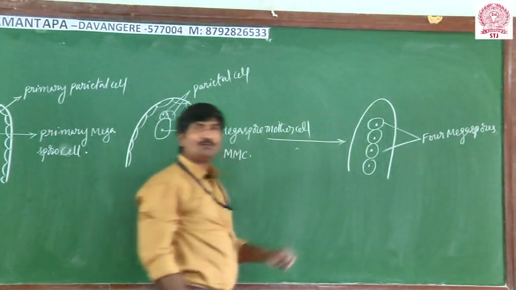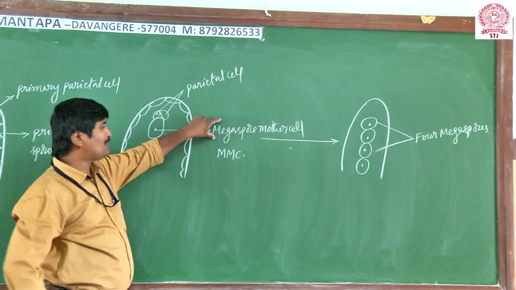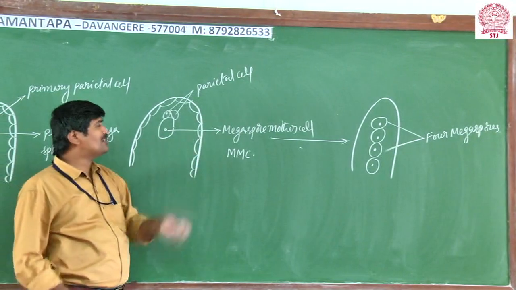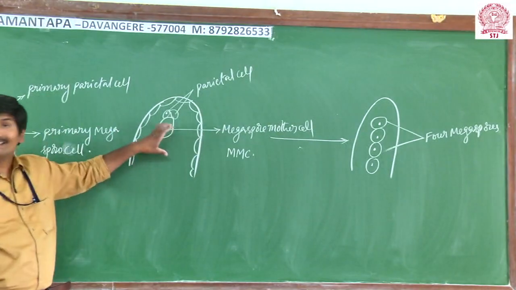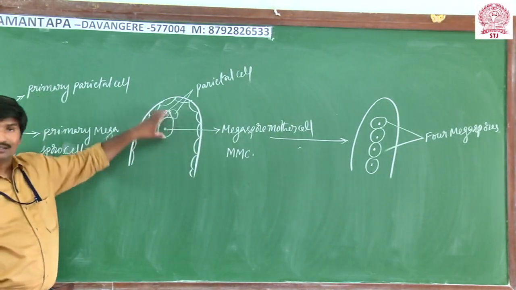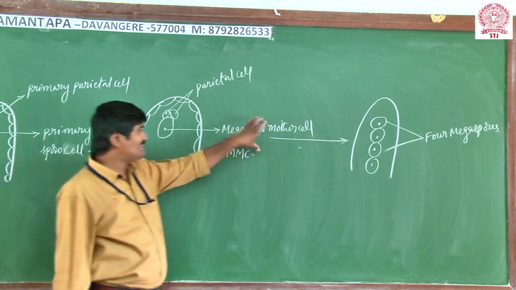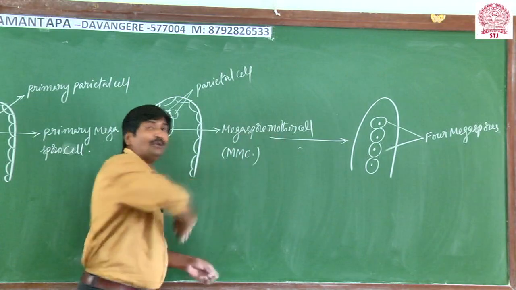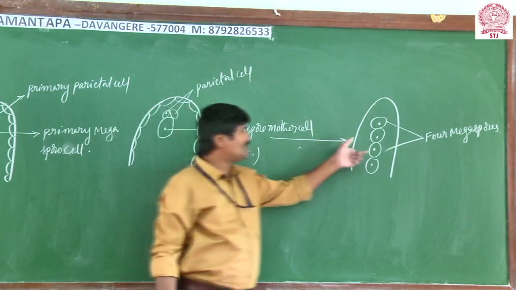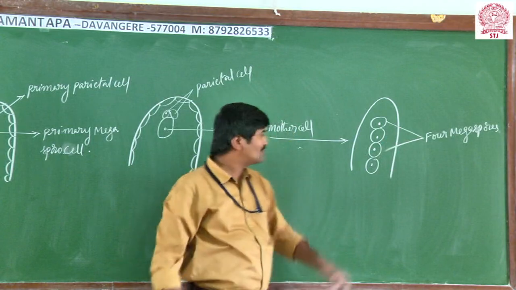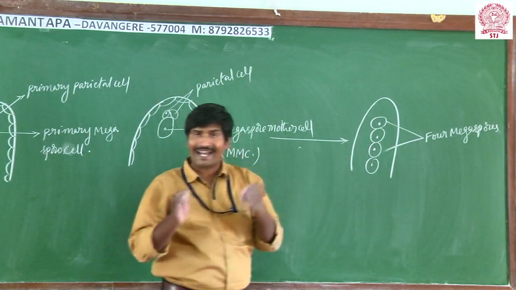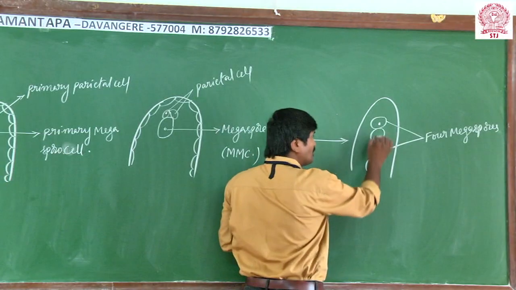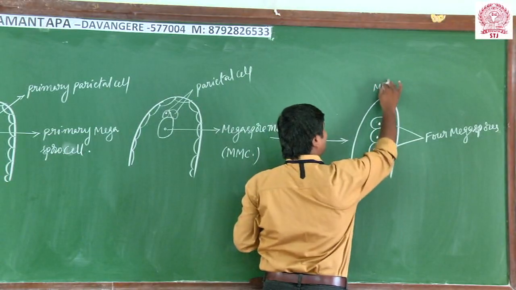Finally, these 4 megaspores are developed from the megaspore mother cell. One more important point: this megaspore mother cell is towards the chalazal end. In the chalazal end, the megaspore mother cell undergoes meiotic cell division and gives rise to the 4 megaspores. These 4 megaspores are arranged in a linear position, and the megaspores towards the micropylar region degenerate.